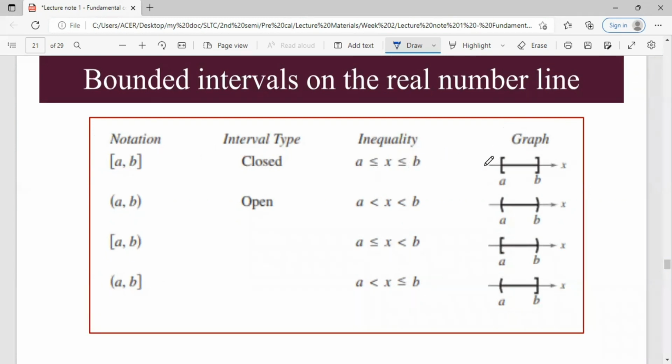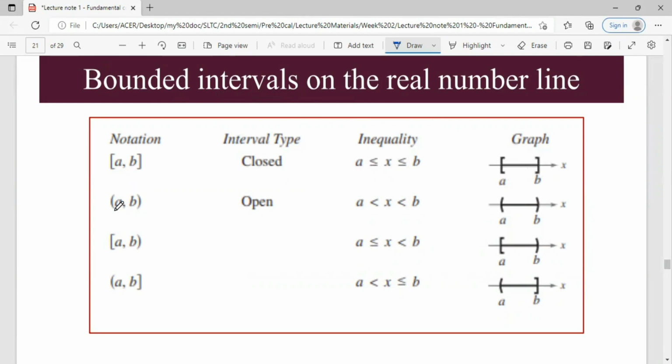Graphically, we can draw a with this bracket and b also with this bracket. So we know which ones are the endpoints. Therefore, this one is a bounded interval.